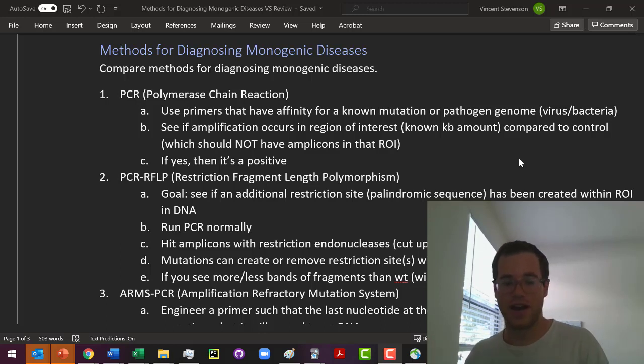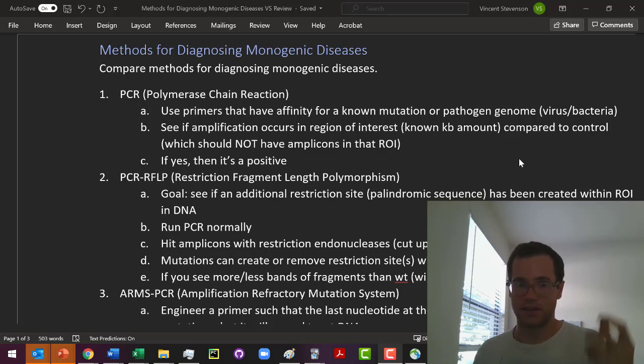And so basically what will happen is, if you had a mutation that was coincidentally in a place where you would have a restriction enzyme working, then that will change the number of fragments that we would expect to see once we take your DNA and put it through a control experiment where we know exactly how many fragments to expect out of it. So that's basically what we're doing.